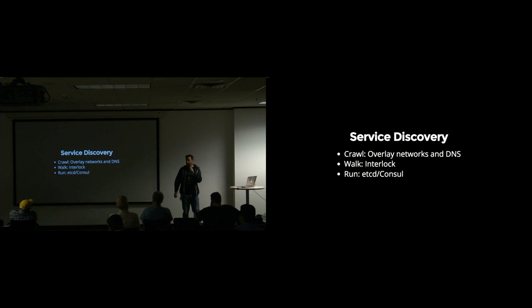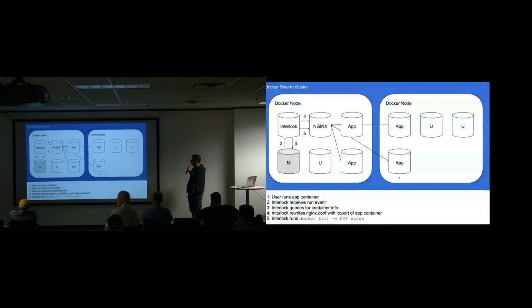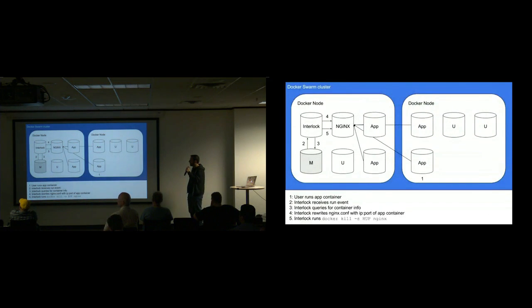Hey, Everett, I had a question. Shoot. Can you go back to that slide where you had diagrams? Yeah. So in this diagram, how does Interlock know to rewrite the Nginx config? Is that sitting in a volume, or how does that work? It knows to rewrite it because it sees, when you create this container, there's the Docker event stream, and it sees both the create and the start events.